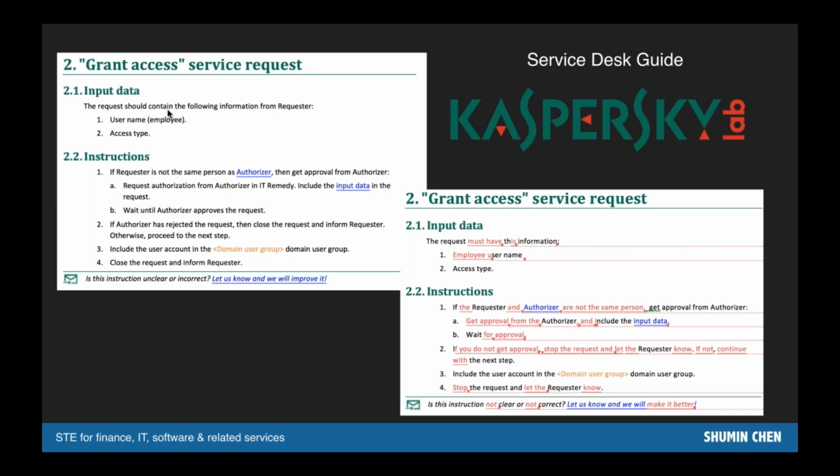So should is not as strong a word as must. So that is why in STE we use the word must very often. So I'll leave you to read through the rest of the sentences, those steps, and if you have any questions, feel free to ask.